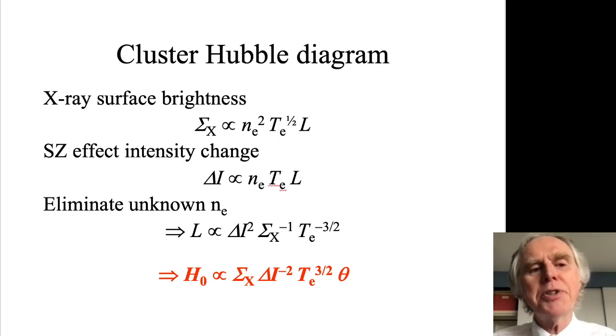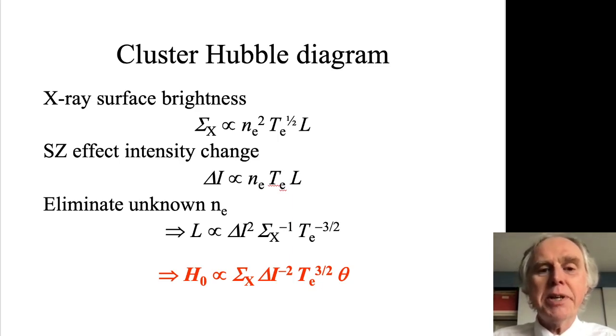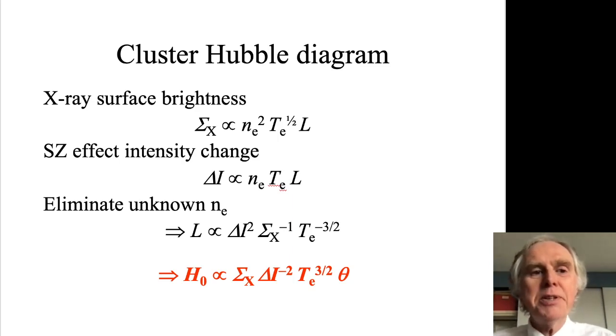The electron temperature can be measured by X-ray spectroscopy. The X-ray surface brightness can be measured by X-ray imaging. The SZ effect, well, measured by radio astronomy. That means that for every cluster, you can measure its size. If you compare its linear size with its angular size, then you get the Hubble constant.